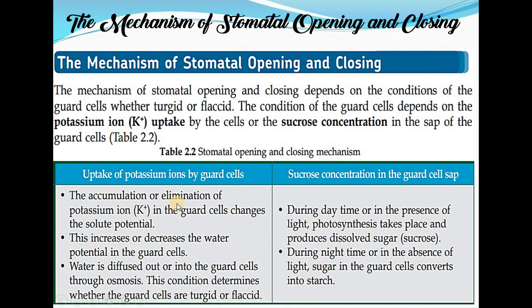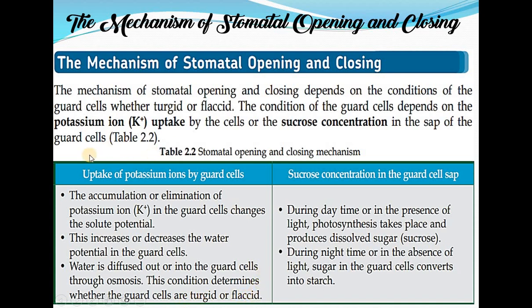So this accumulation and elimination of this ion will change the solute potential in the guard cell. This increases or decreases the water potential in the guard cell, and the water is diffused out or into the guard cell through osmosis. So this condition determines whether the guard cells are turgid or flaccid.